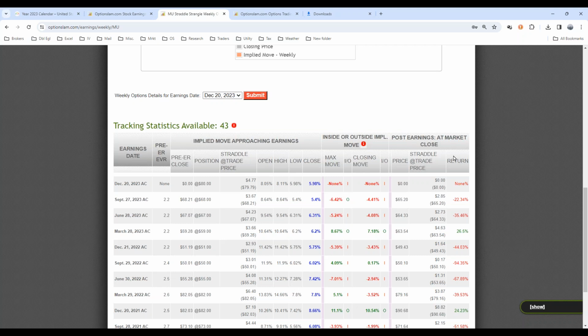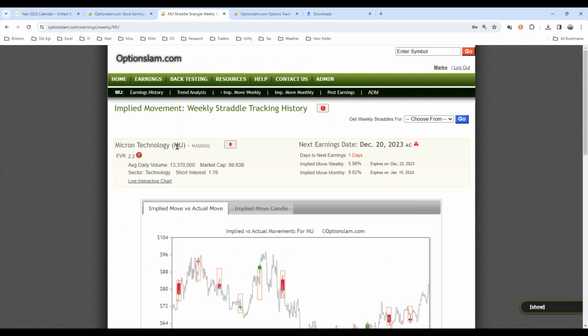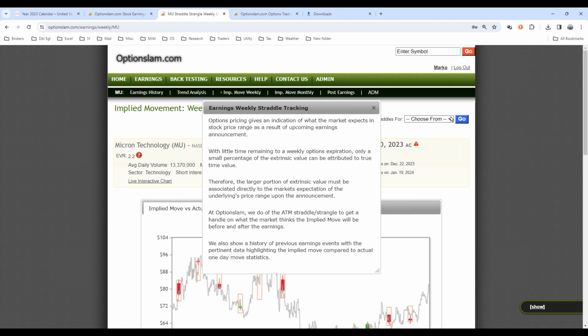And trader A might look at, so let's see, Micron is not the greatest example because it's kind of flattened out. How about Nike? With Nike, to stay right on this implied move weekly page, I'm going to type next to the blue button here instead of the red. The red button is going to just take me back to the earnings history page, but the blue button is going to keep me on the implied move page.